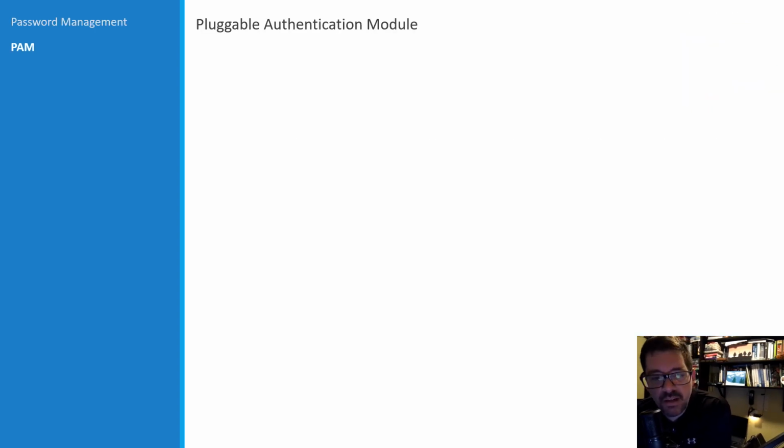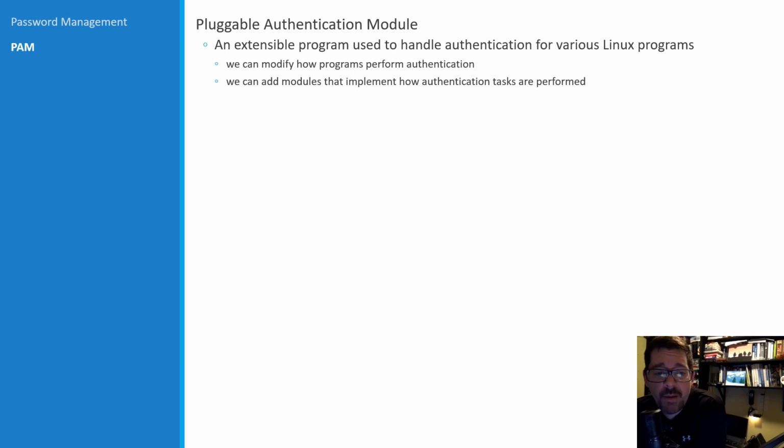Now let's talk about the pluggable authentication module. This is something that's included in almost all modern versions of Linux, and this is what's actually used to facilitate password management and login. The important thing about PAM, or the pluggable authentication module, you hear me refer to it as PAM, is that this allows you to leverage the login mechanism in Linux across many different applications, right?